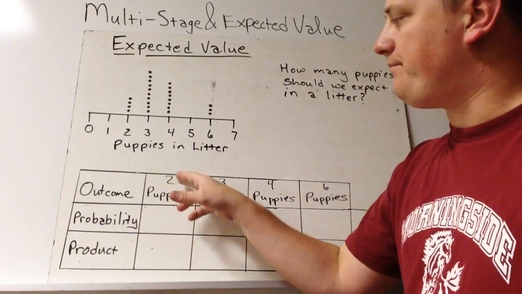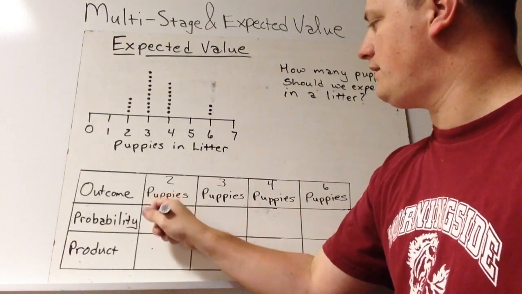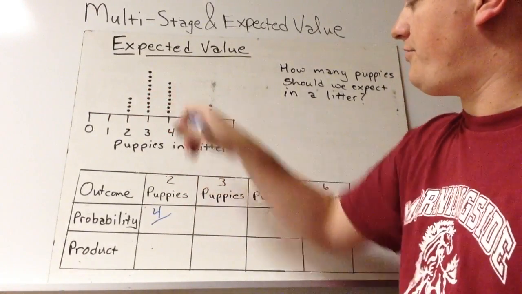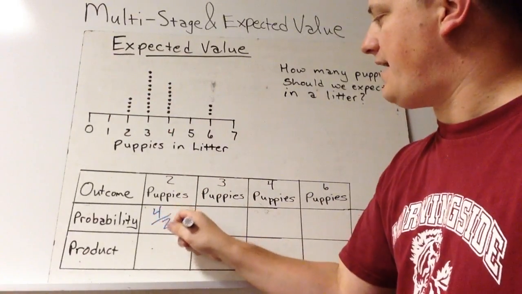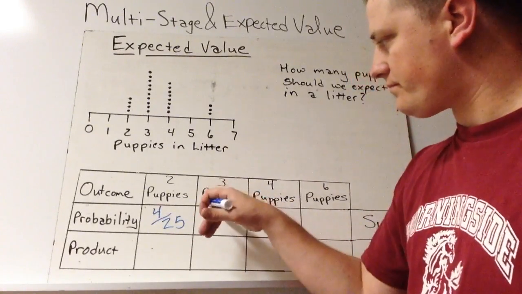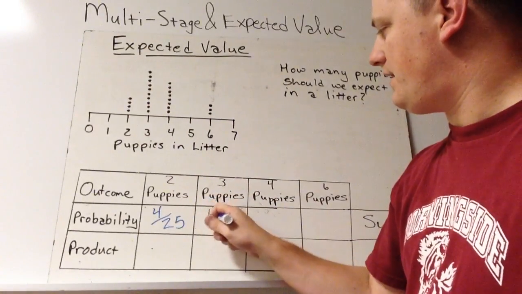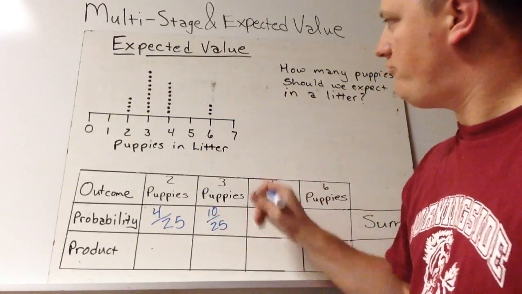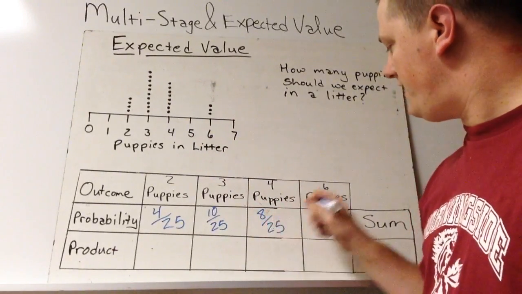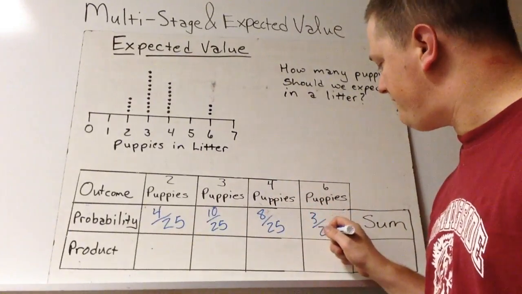So having 2 puppies, that was 4 out of, there's 4, 10, 8, and 3, so this is out of 25 for a total. So we got 4 out of 25. Here, 3 puppies, we had 10 out of 25. 4 puppies, we had 8 out of 25. And 6 puppies, we had 3 out of 25.